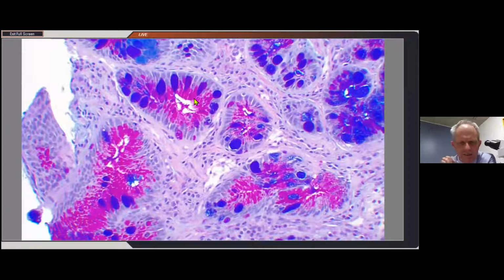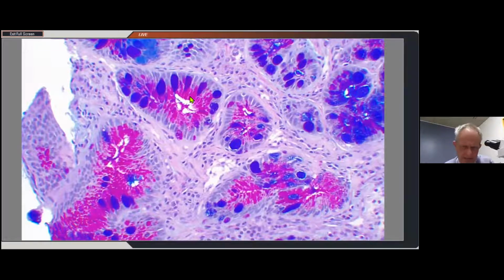And you can see this reddish, magenta color, which is quite typical of what we call neutral mucins. But when you have intestinal metaplasia and you start to get goblet cell change, the mucins change and they become acidic mucins. So this is a combined Alcian blue stain with a periodic acid Schiff or PAS stain.